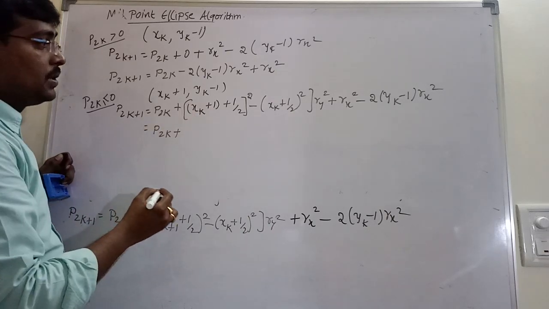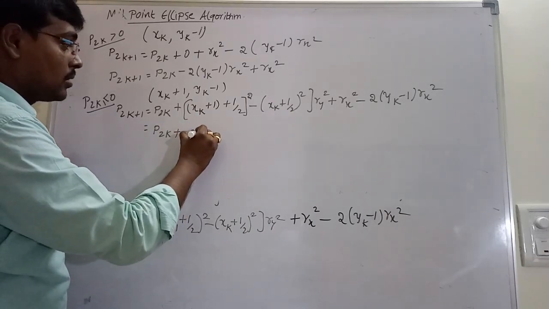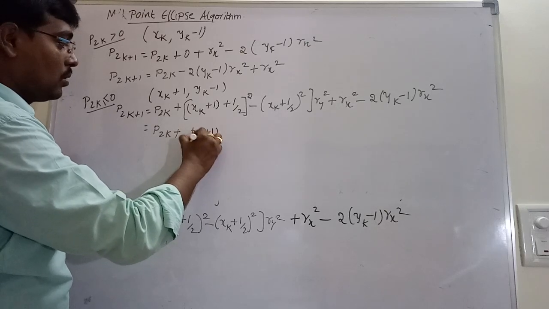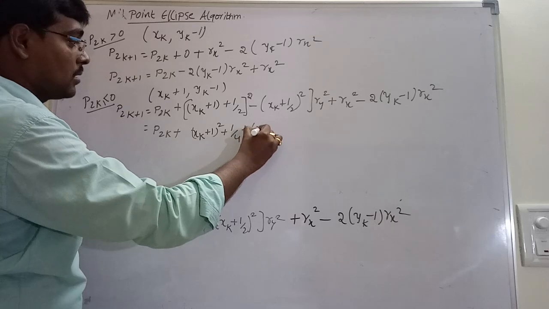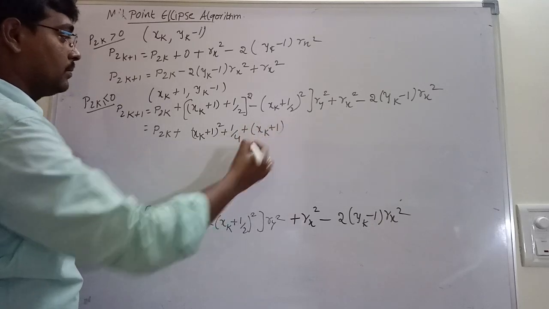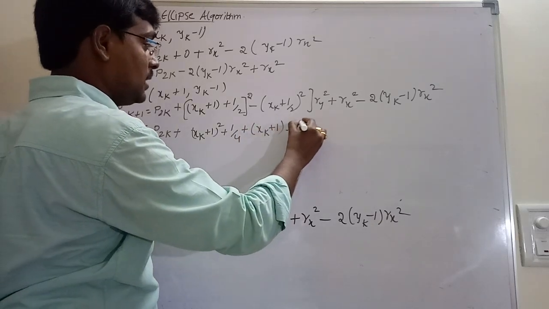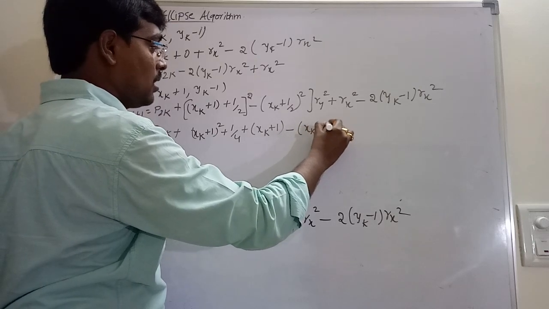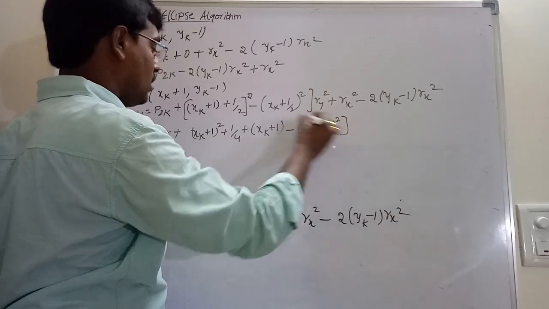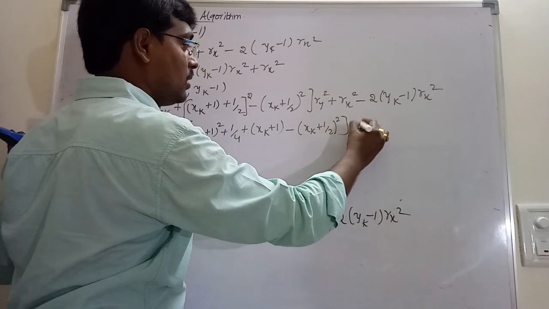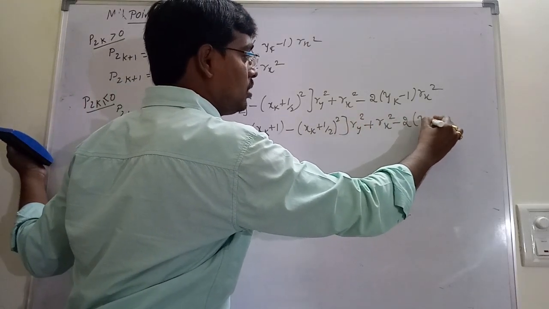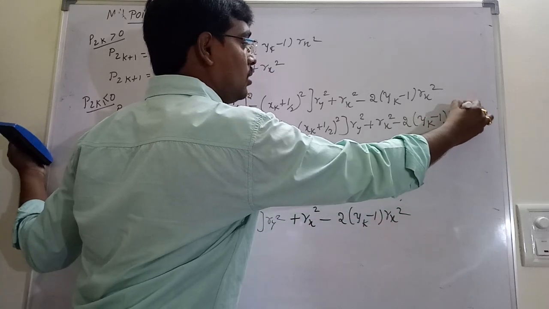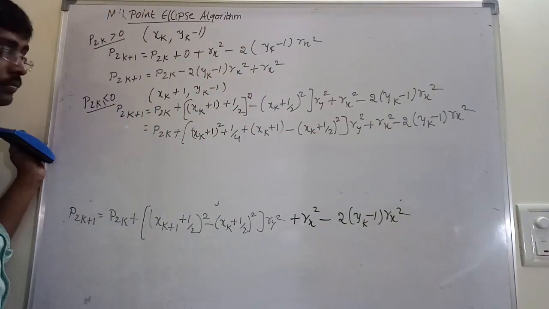P2k, (a plus b) whole square, that means (xk plus 1) whole square plus 1 by 4 plus xk plus 1, minus (xk plus half) whole square into ry square plus rx square minus 2 into (yk minus 1) into rx square.